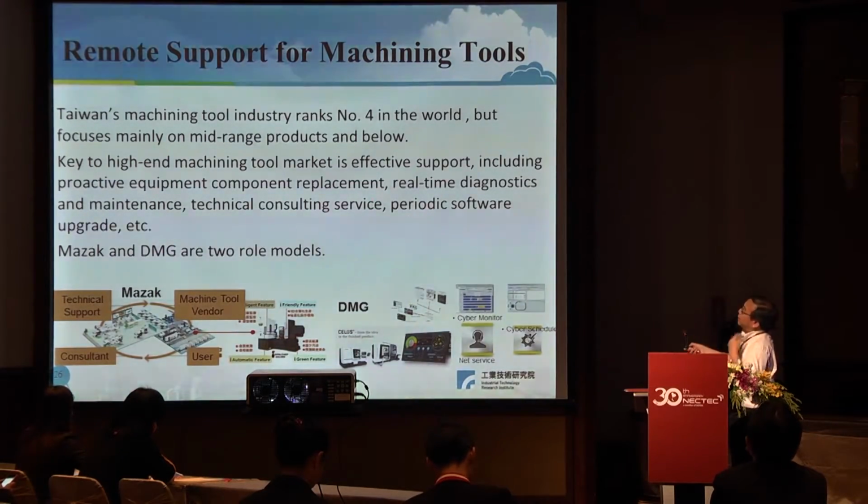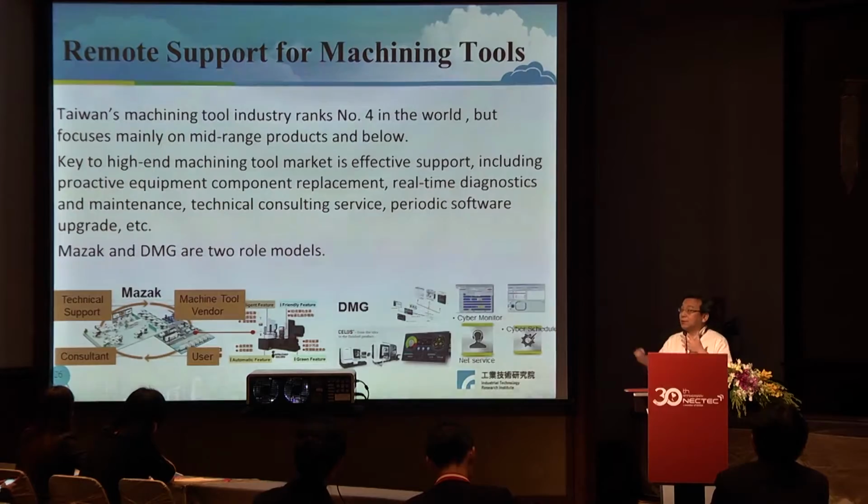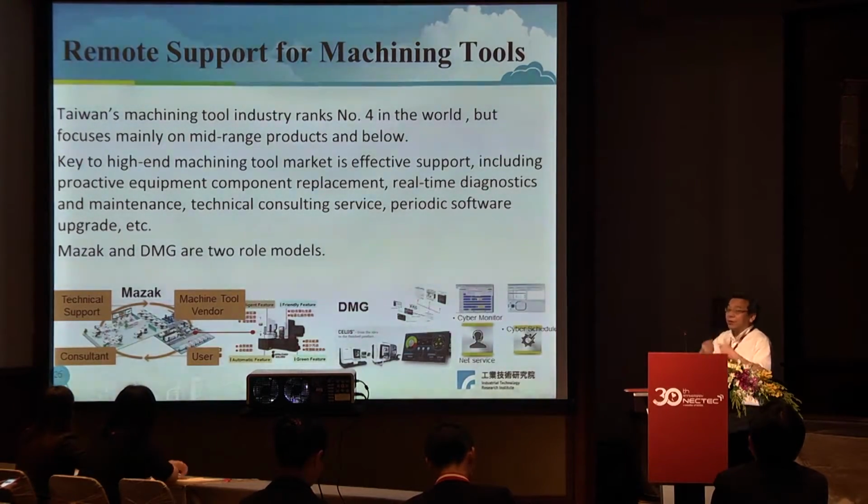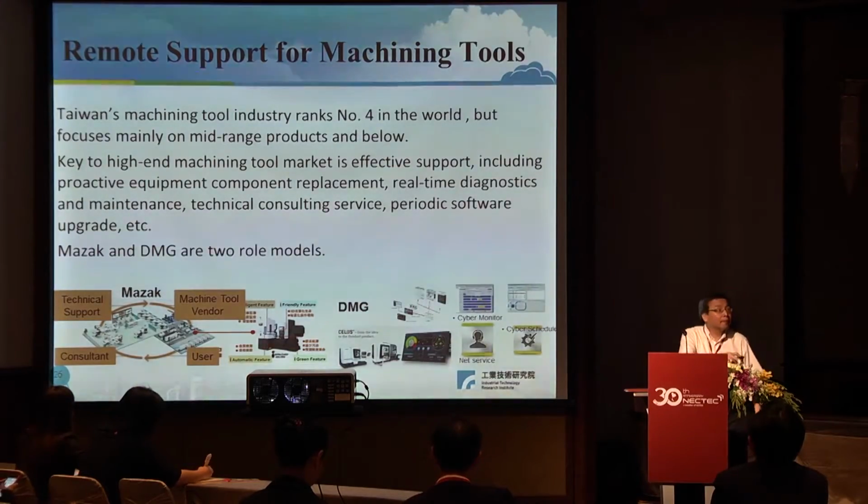And then periodic software upgrades and so on. This particular model is not our invention. Japan's Mazak and Germany's DMG have been doing this for a long time. They are starting to do this sort of proactive product support using remote monitoring and analysis.